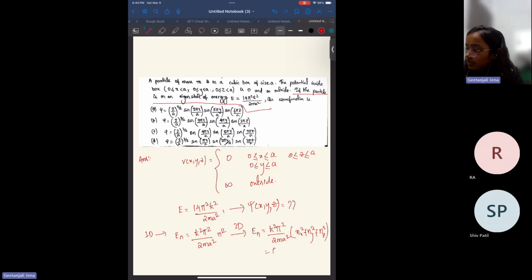So it is the summation of the energies in three dimensions. Let me make a comparison. In 1D we have energy h square pi square by 2m a square n square. In 3D this will be h square pi square over 2m a square times nx square plus ny square plus nz square.